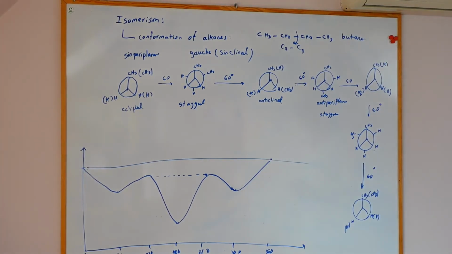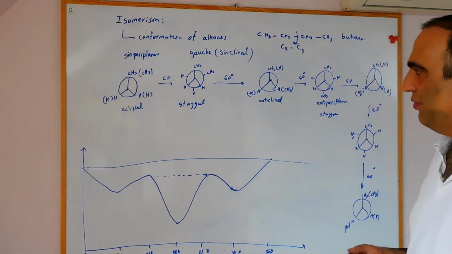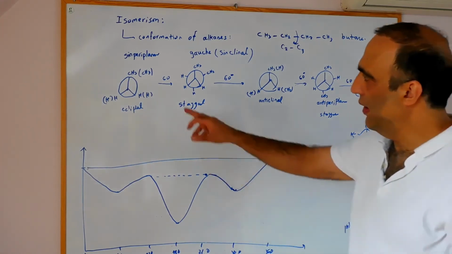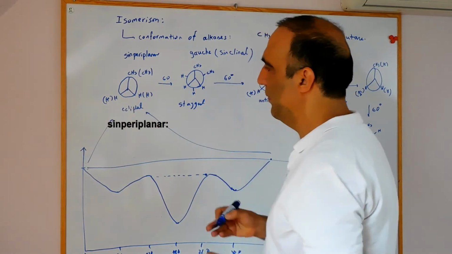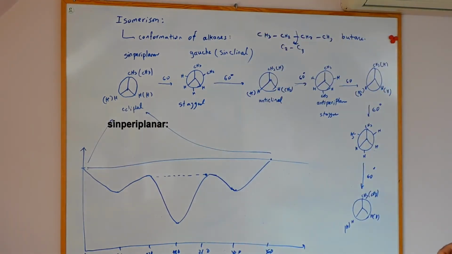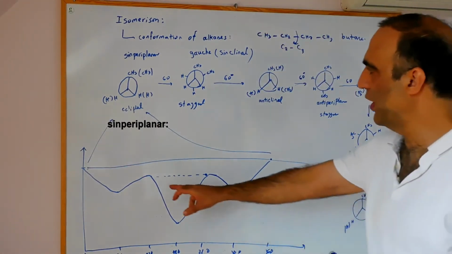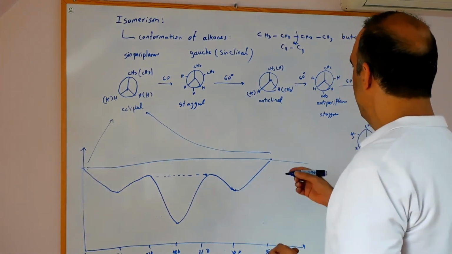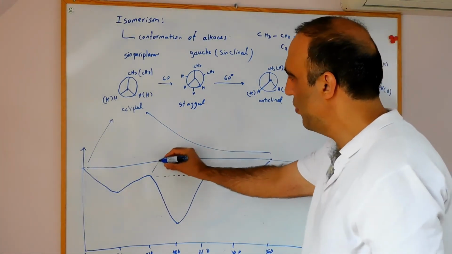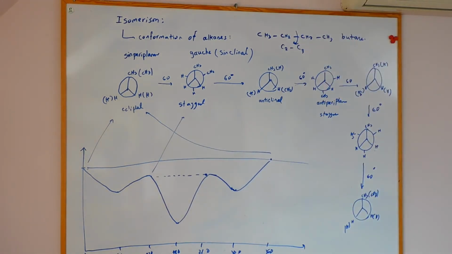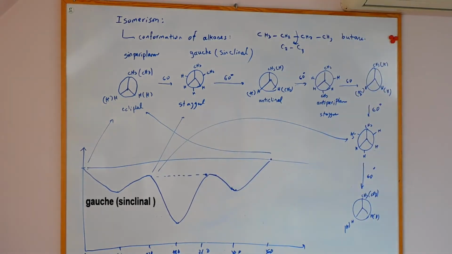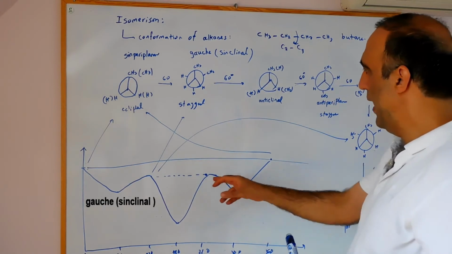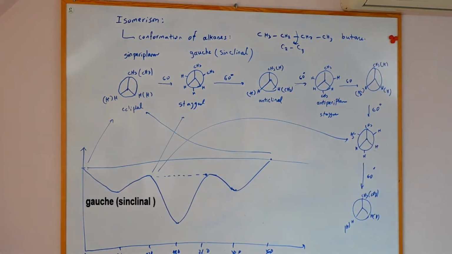As you see in this structure, very easy, very nicely, we can manage it. This is a syn-periplanar. This is a syn-periplanar. Both of them have the highest energy. These two are the gauche or synclinal. Okay, I can show from here. It is also synclinal. It is anticlinal, and both of them have the same situation.